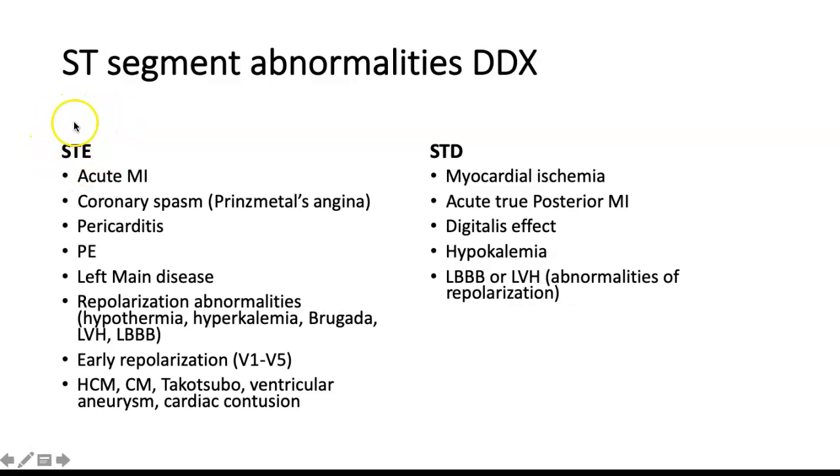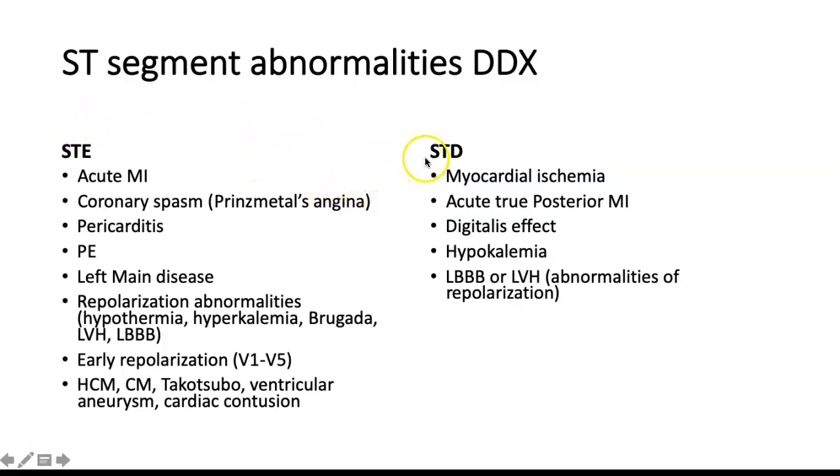For ST segment elevation, it could be a result of a myocardial infarction, pericarditis, pulmonary embolus, coronary spasm or Prinzmetal's angina, left main coronary artery disease, repolarization abnormalities, early repol, hypertrophic cardiomyopathy, Takotsubo's, or even a cardiac contusion.